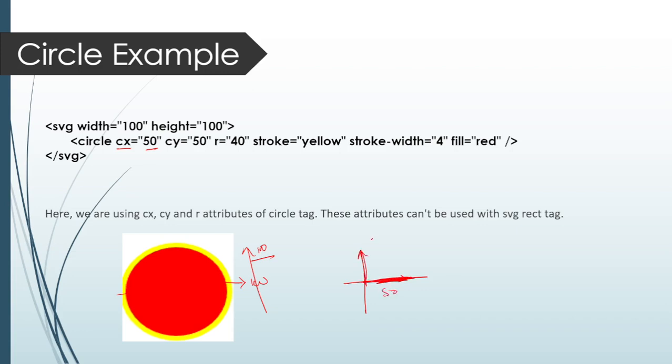On the y-axis, its size is 50 and its radius is 40. Stroke means outer line. Outer line's color here I have added yellow. And stroke width is 4 pixels. You can change it according to your need. And fill means the internal color of this particular circle, which is red. So now we need to close the SVG.